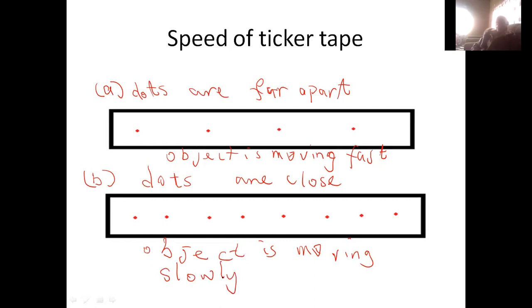So we have known that on a ticker tape, if the dots are closer, it means the object is moving slowly. If the dots are far apart, it means that object is moving faster.